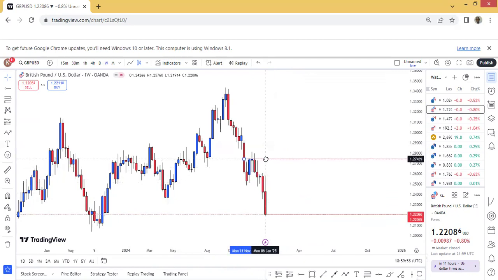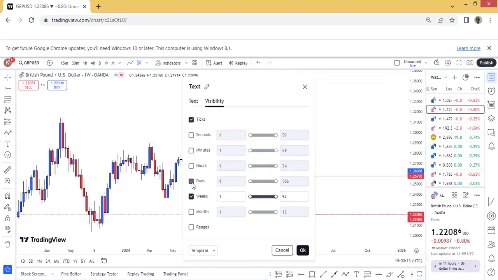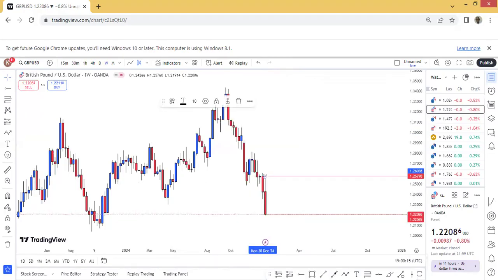Others will pick this as their lower high, but for me, this is a weekly chart, so that will be my lower high. Let's label it. Lower high, and this is lower low.